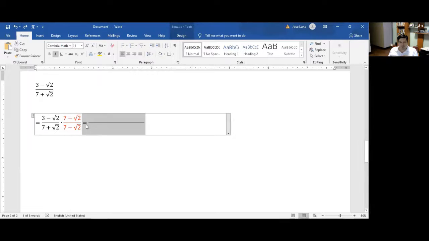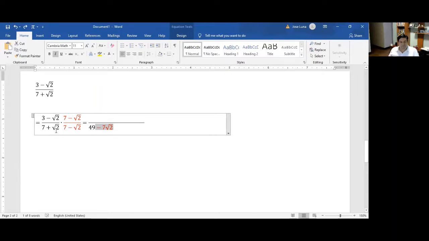Okay, so we're going to get a fraction, right? There. We're going to start with the denominator here. So 7 times 7, that's 49. And then 7 times negative square root of 2, and that is negative 7 times the square root of 2.